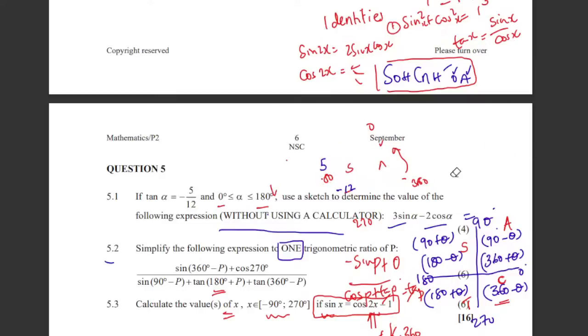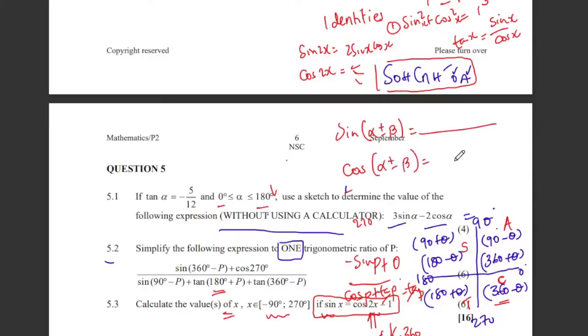We have the sine of, let's say, alpha plus minus beta. You know how to expand this. And then the cos of alpha plus minus beta, you should also know how to expand this. Sometimes they can give you the expansion and expect you to move backwards, so you need to be alert and see what is going on.